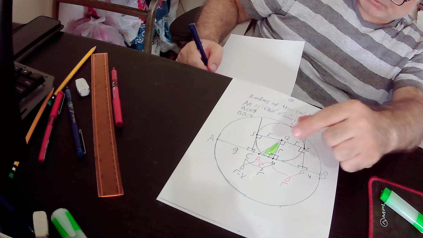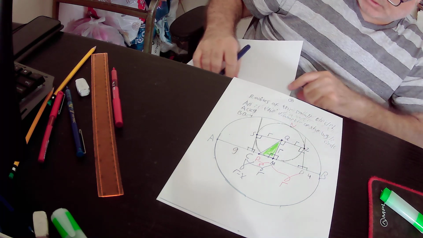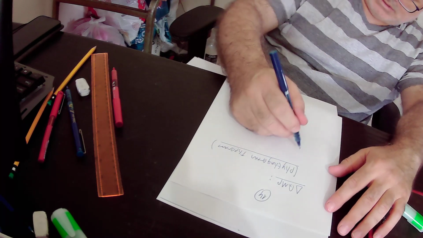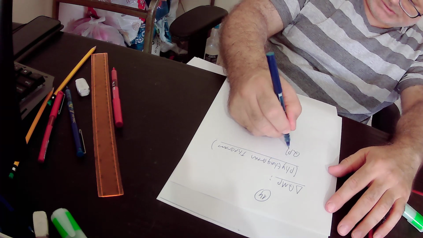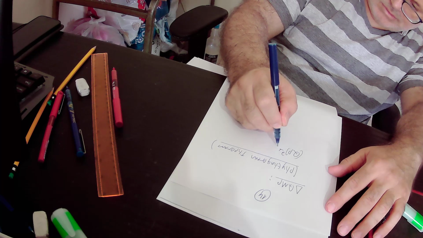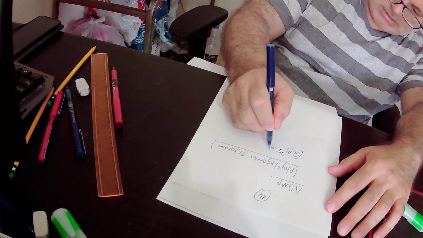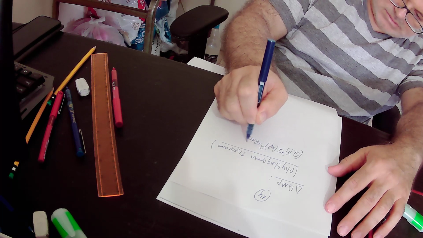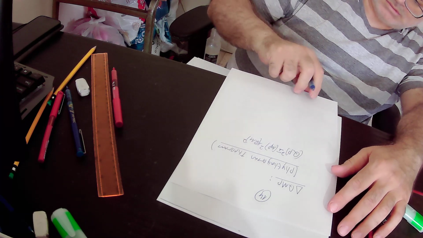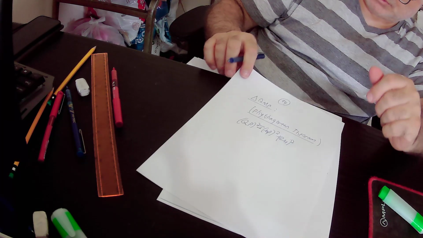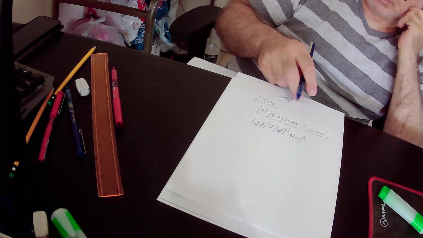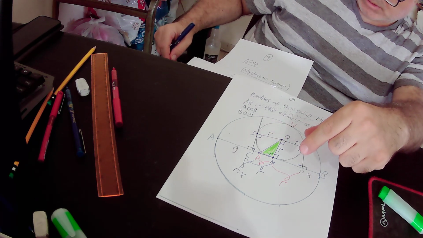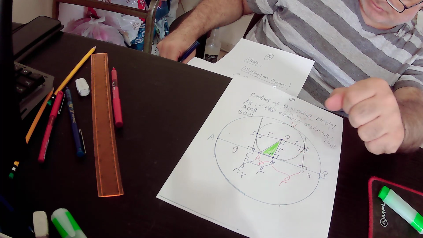That is to say, QP square equals QM square plus PM square.